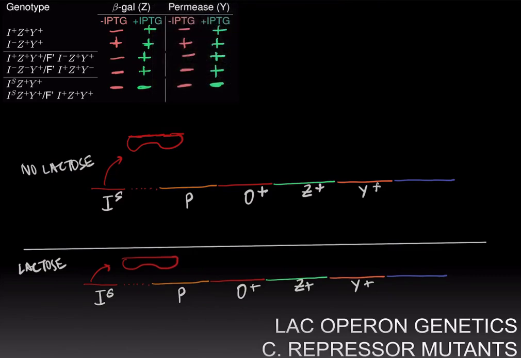And so we will say that this allosteric site where allolactose or IPTG bind is not available.